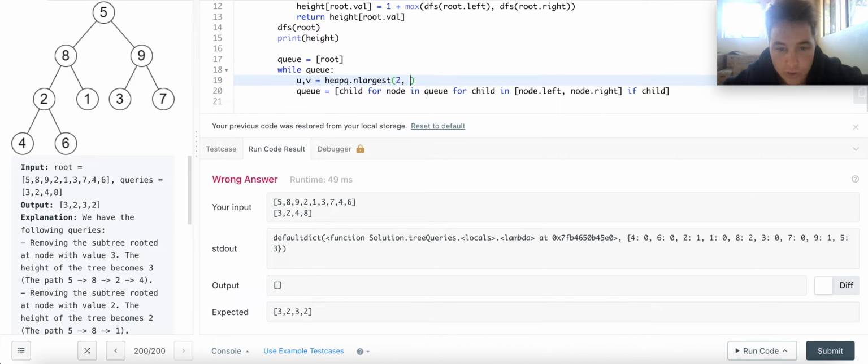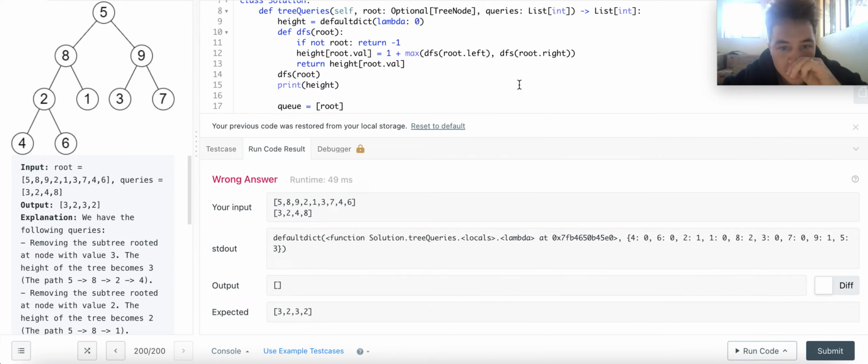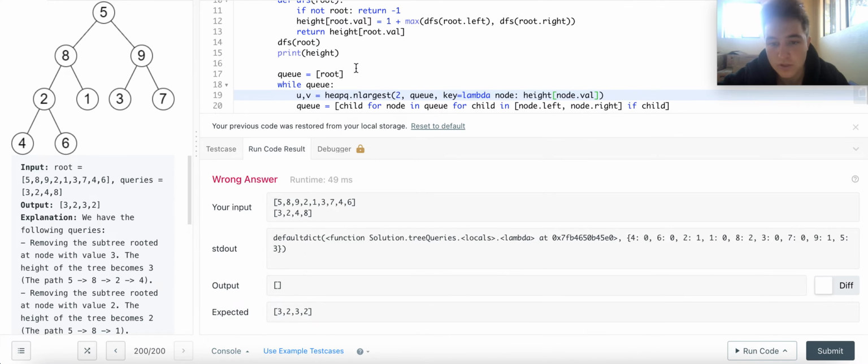So we're going to take the two largest, right, because we only need the two largest, since we'll always choose the largest one unless we're erasing the largest one, then we'll choose the second largest one. The two largest of our Q, where the key is lambda for the node, the height of the node at val, right, because we keep node vals.